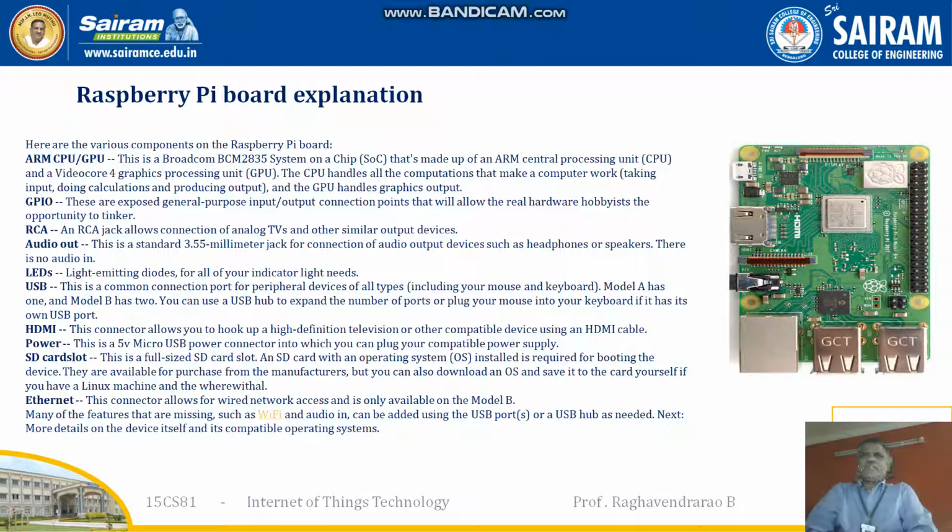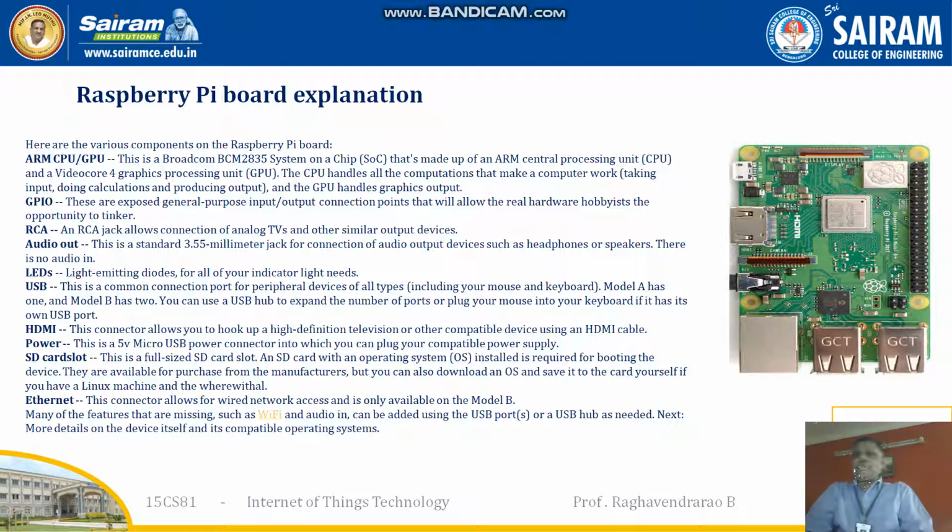We have a USB port. This is a common connection port for peripheral devices. You can connect so many peripheral devices to this, including mouse and keyboard, and any other devices, joystick, mouse, keyboards.